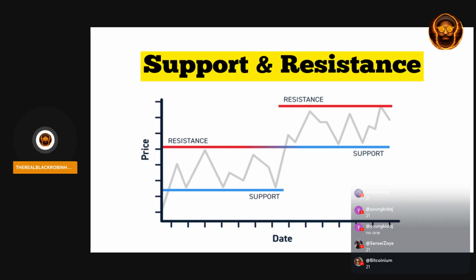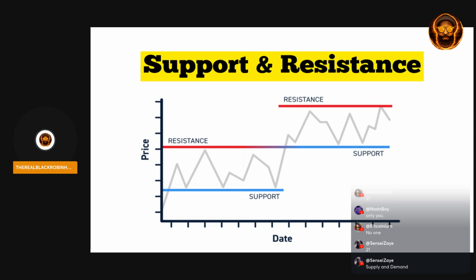Okay, we'll go. I'm going to just talk a little fast. So support and resistance, right? Resistance is the ceiling. Support is the floor. So if you are buying your pin bars, if you want to buy to go up, right? You want to buy at support. You bounce at support.